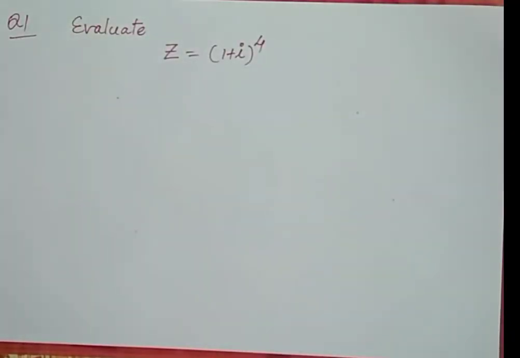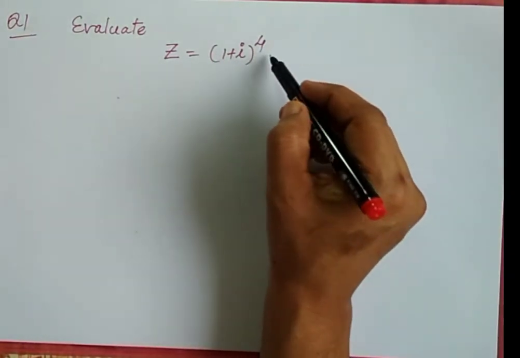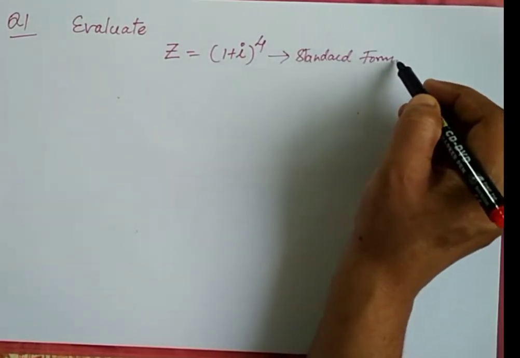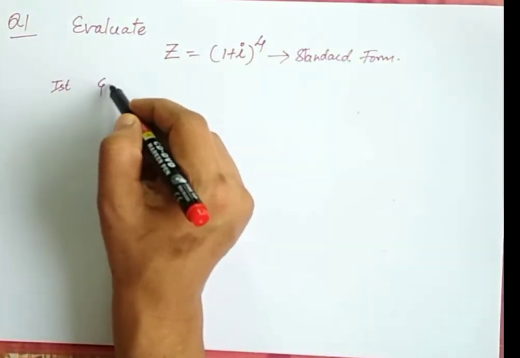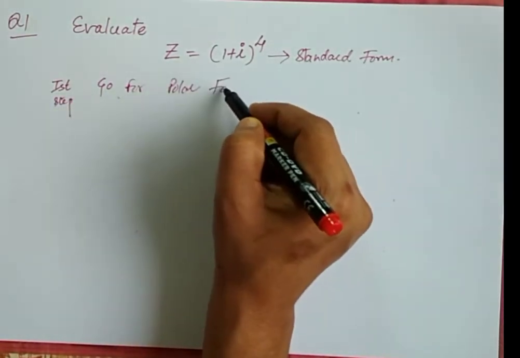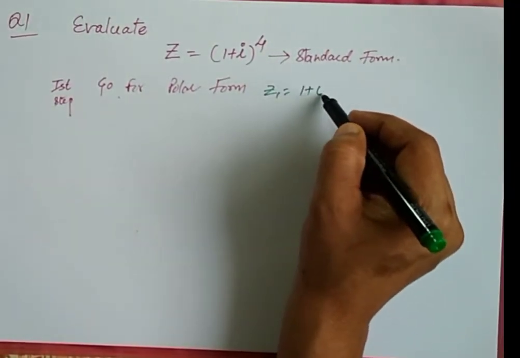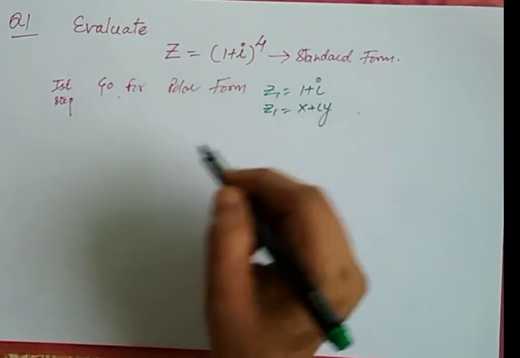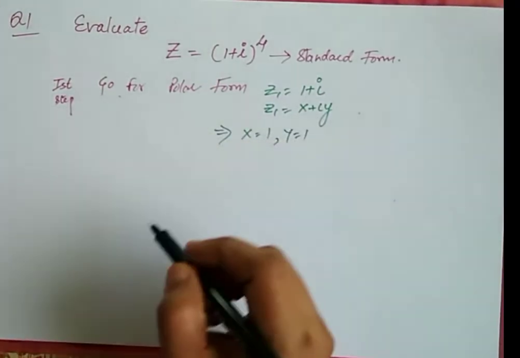He has given us one question, z equals to 1 plus i raised to power 4. Note that this number is in standard form. So first we will go for polar form. First step is go for polar form, and for that let z1 equals to 1 plus i. When you compare it with the standard form z equals to x plus iy, this gives you x is 1, y is 1.